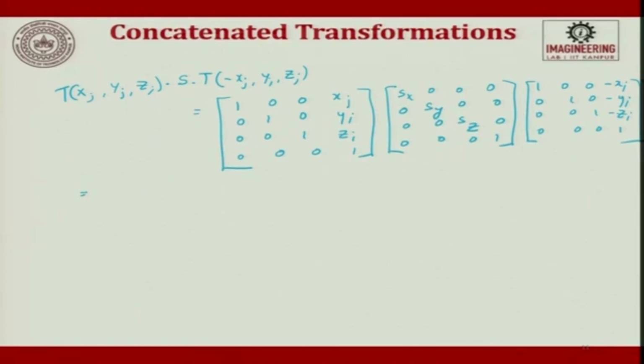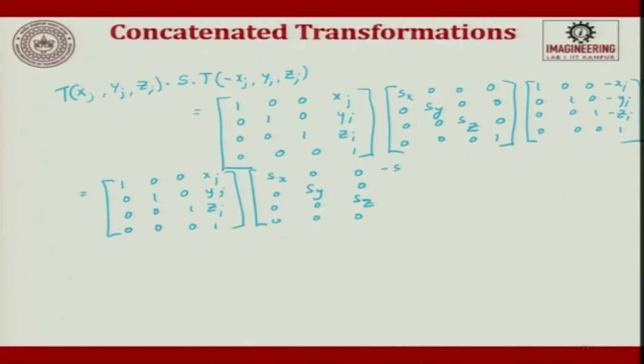So, this is represented as 1 0 0 x j, 0 1 0 y j, 0 0 1 z j, 0 0 0 1, then the scaling terms, and minus x j times Sx, minus y j, minus z j.